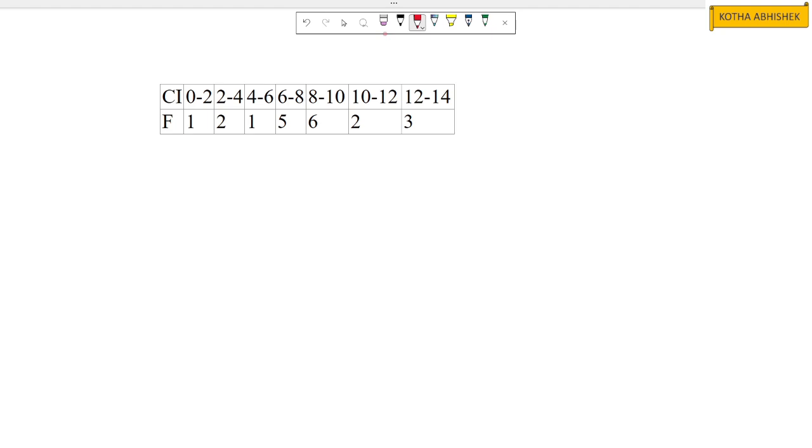First, let us try to do the mean by the direct method. So the first column will be class interval, and the second column is frequency. The third column is class marks, that is xi. And the fourth column is the multiplication of the second column and third column, that is fixi.